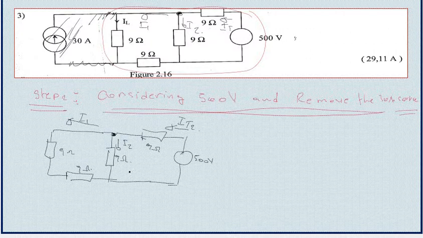So now I'm gonna apply the same logic, the same steps that are usually used. So to find I2, I'll first need to determine the total current. So I'm gonna say the total current is equal to the supply voltage divided by the equivalent resistance.